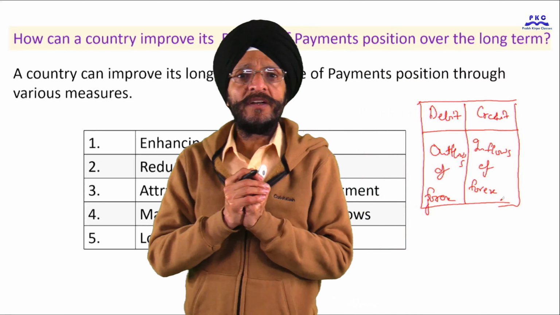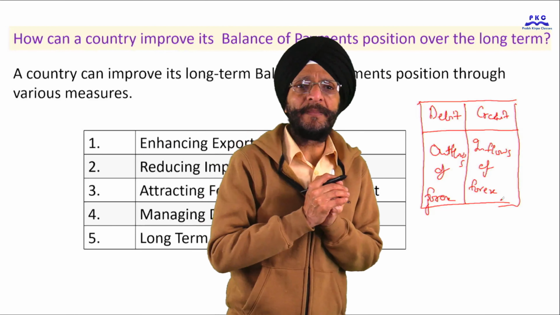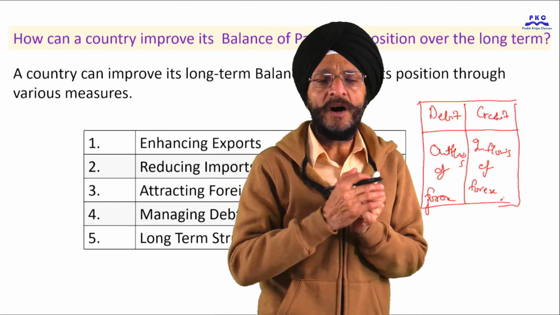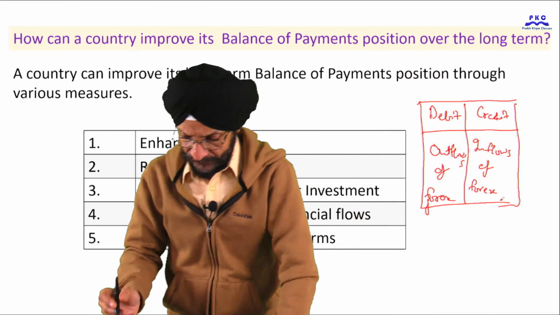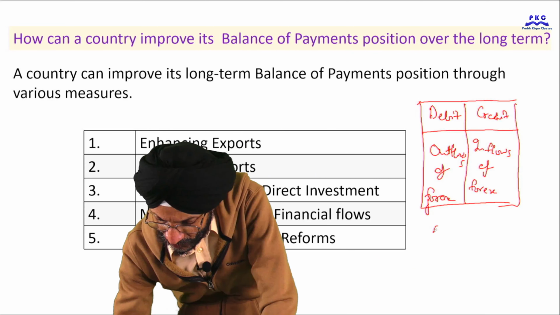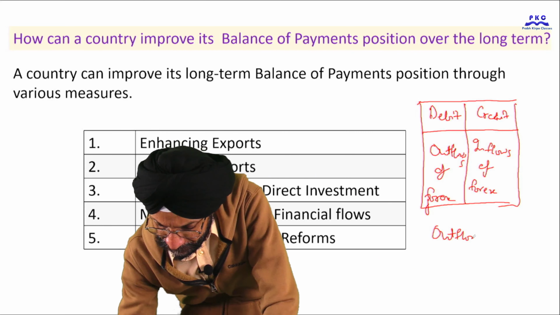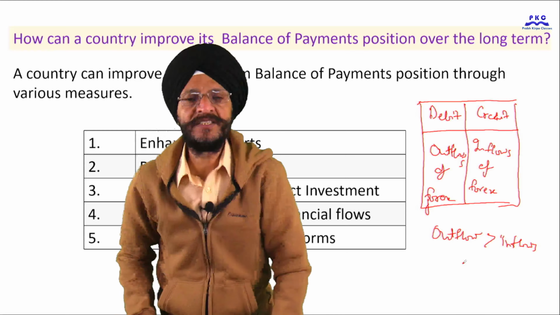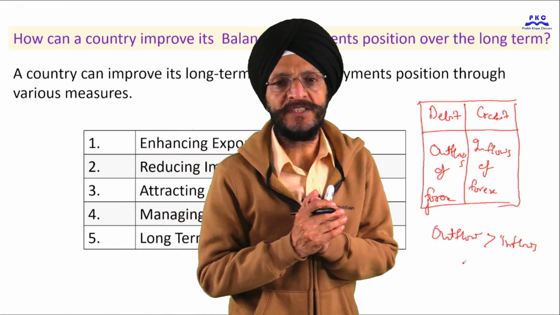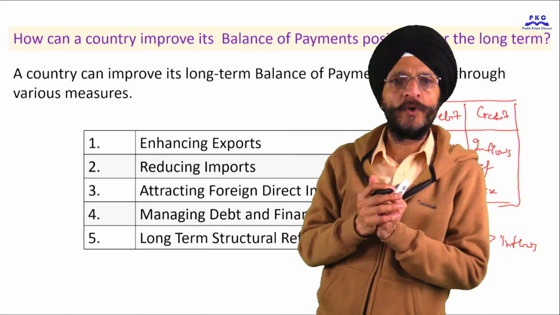When we are talking about the balance of payments position and how to improve it, it means that outflow is more than inflows, that is, we are receiving less foreign exchange and more foreign exchange is going outside.